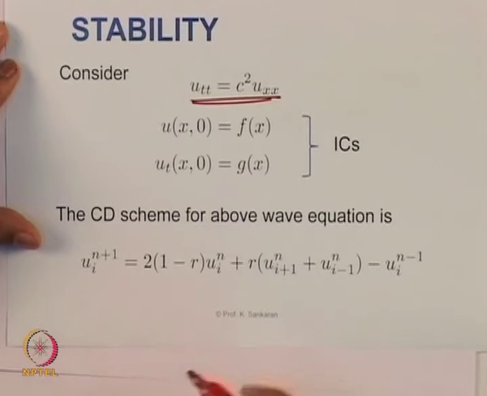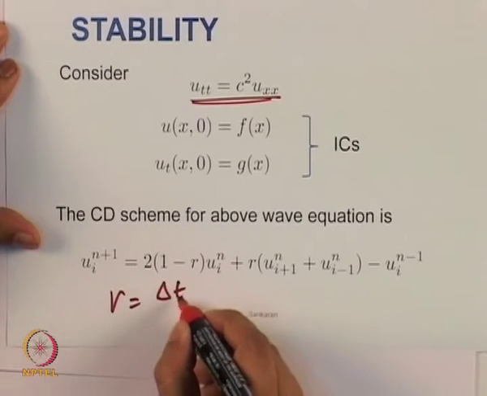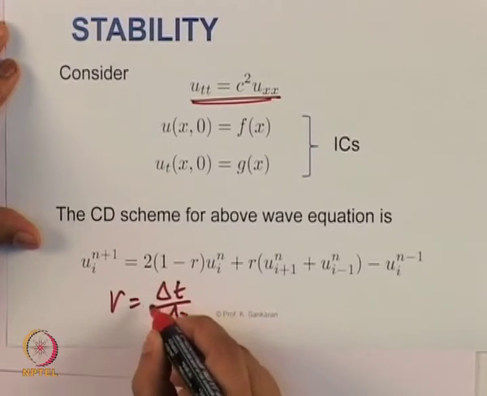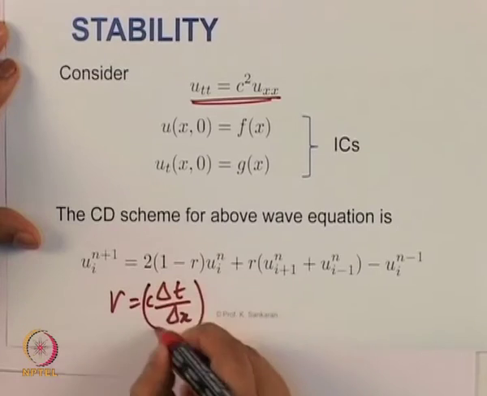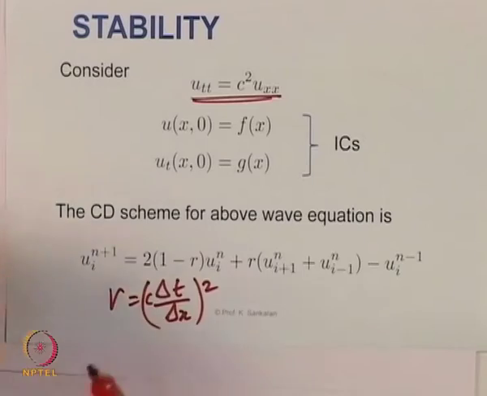And as you can see, the value of R, as we saw before, is delta t by delta x multiplied by c, the whole square, and this is the same expression that we have.